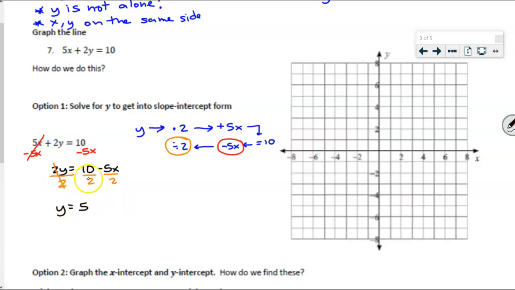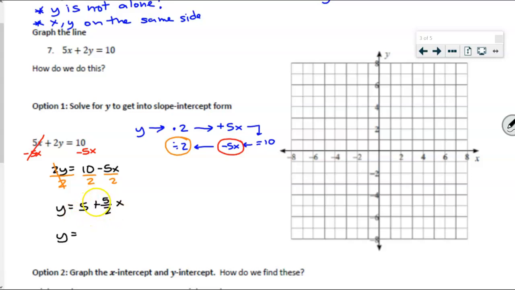So, this simplifies to negative 5 halves multiplied by x. Maybe it's in a little bit of a different order, but can you still see the slope and the y-intercept right now? Yeah. If it helps, you can even switch it, because we can rearrange the order as long as we're careful.